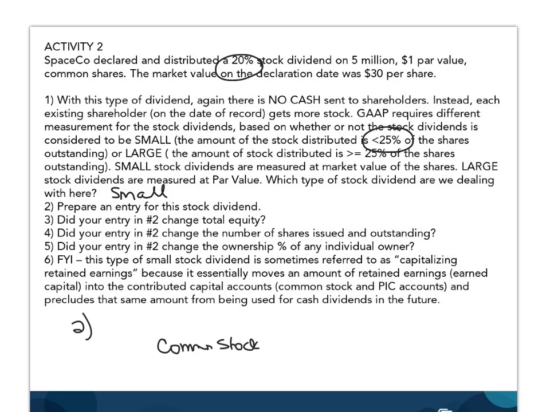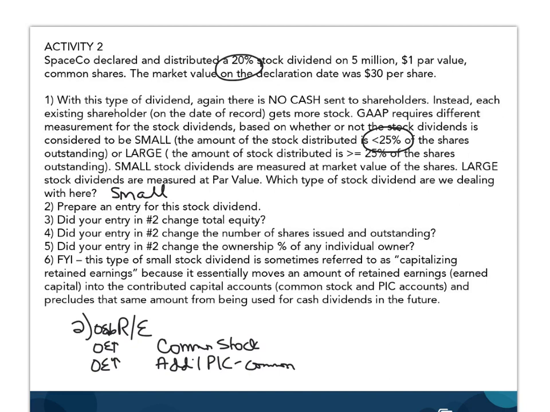It's going to increase at $1 par value, and then I'm going to have some additional paid-in capital on that common stock. I'm valuing this dividend at market value, and my debit here could be either retained earnings or a dividend account. I'm just going to use retained earnings in this example.